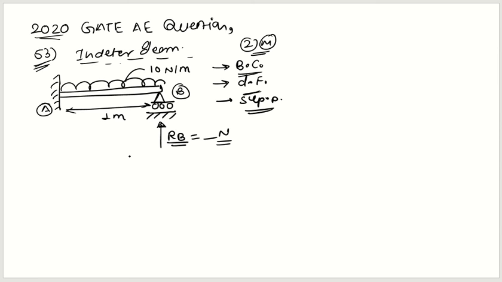If I ask you what the boundary condition is at point B, at the roller support, I hope you know that the deflection at point B will be 0, because at this point deflection will be 0. So this is our condition first of all.